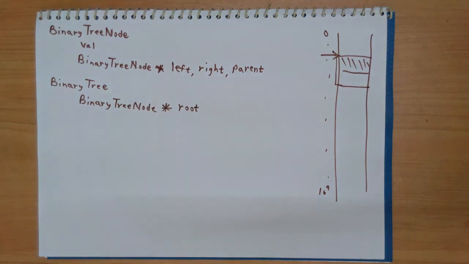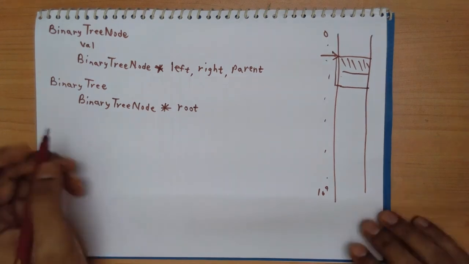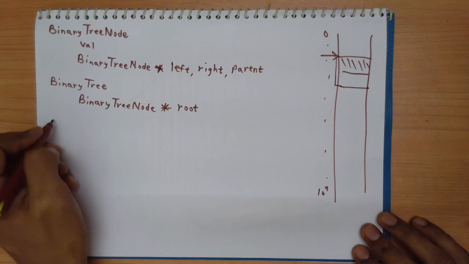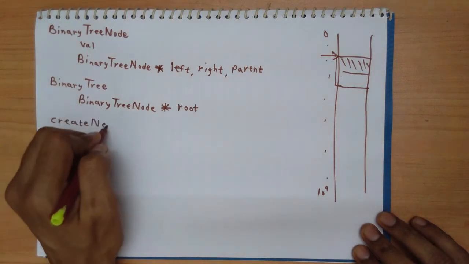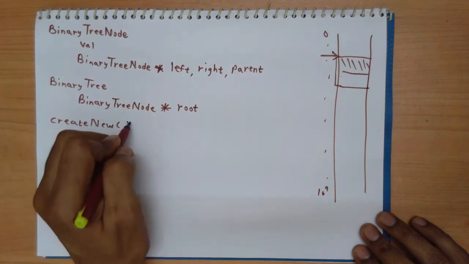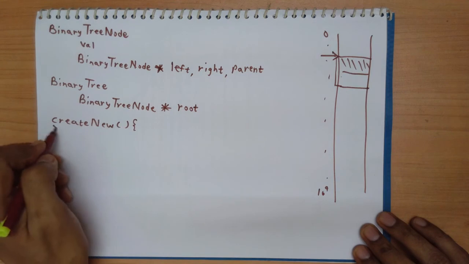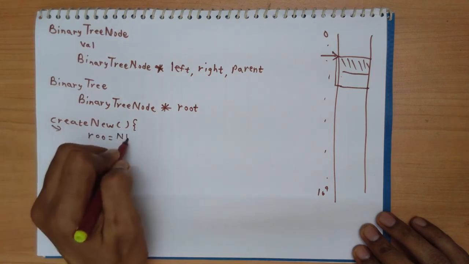If you are familiar with the operations that we define on our abstract data type, we should be able to create a new instance. So let's define a create new operation on our binary tree, where we just create a blank tree. In that case, we'll simply say that our root is equal to null.